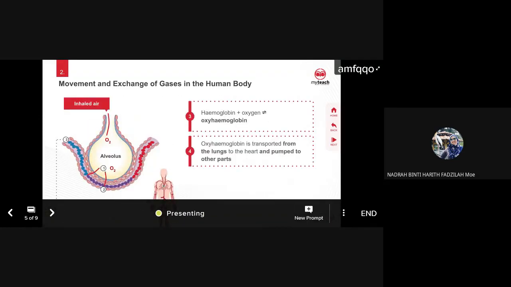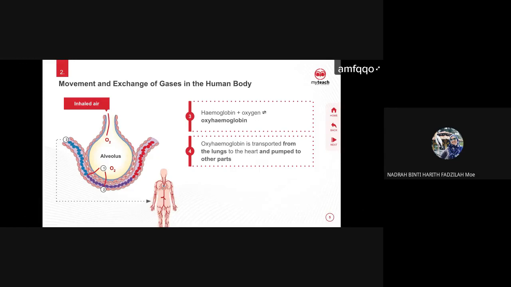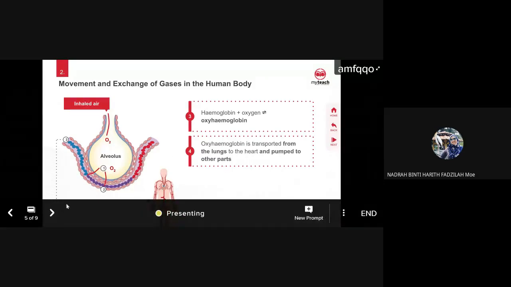Okay, so once oxygen enters the blood capillary, it will combine with hemoglobin to form oxyhemoglobin, and oxyhemoglobin will go to the heart. The red blood cells will be transported from the lungs to the heart and to other parts of the body.